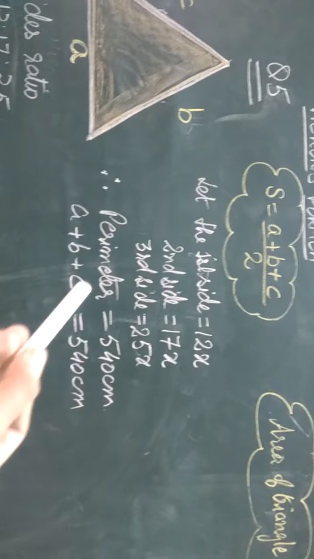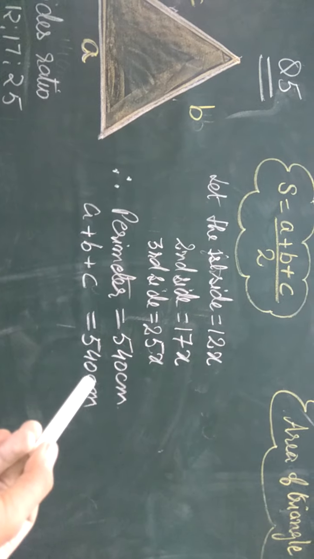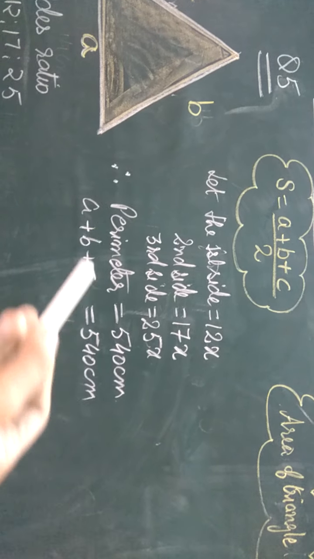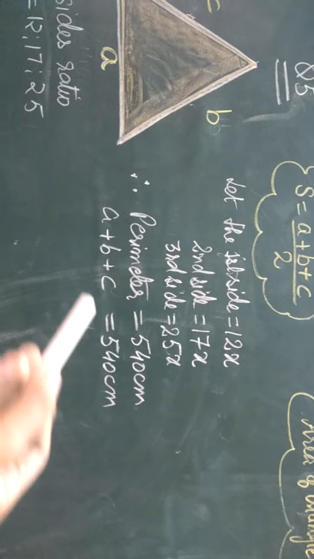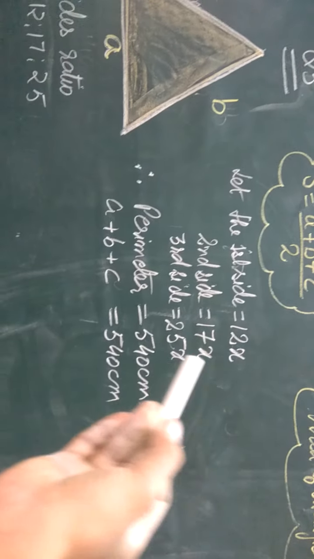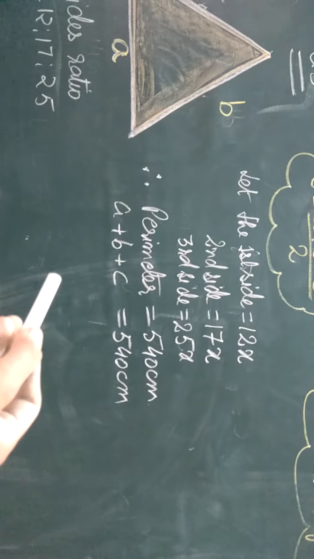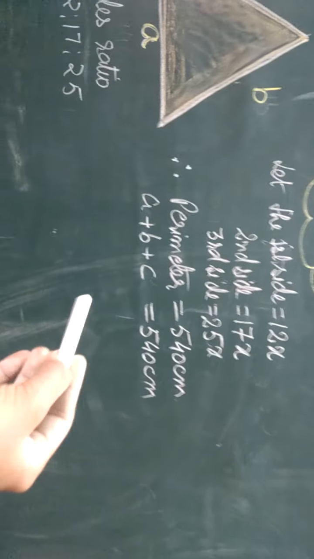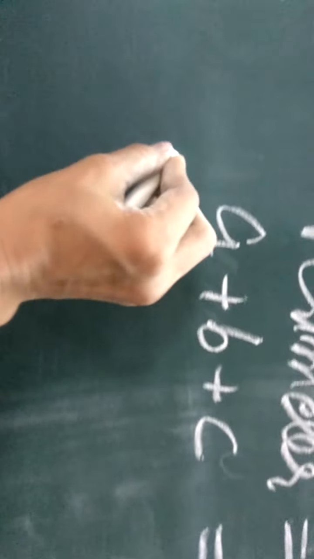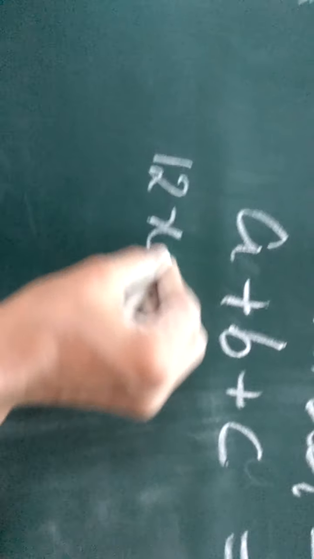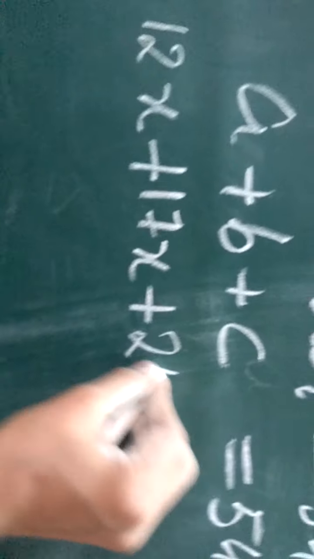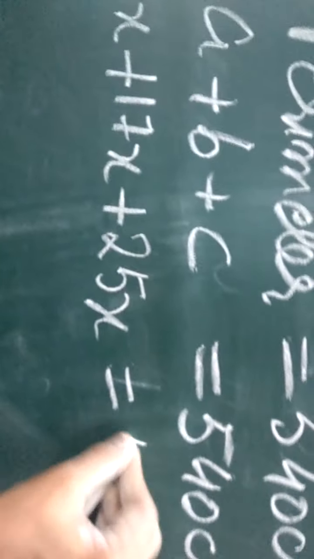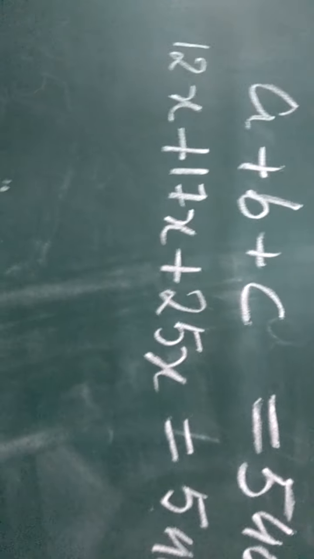Now next, perimeter is given to us. Perimeter means sum of all the three sides, a plus b plus c. So from here we will put the values of all the three sides in the perimeter formula. So what is a? A is 12x, the first side, plus 17x plus 25x is equal to 540.